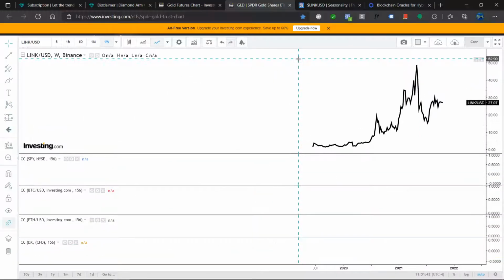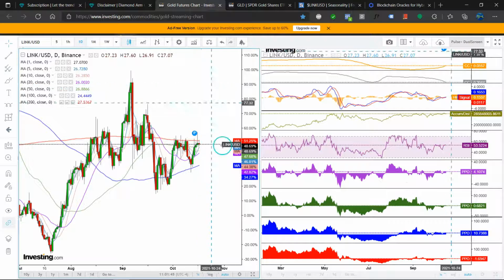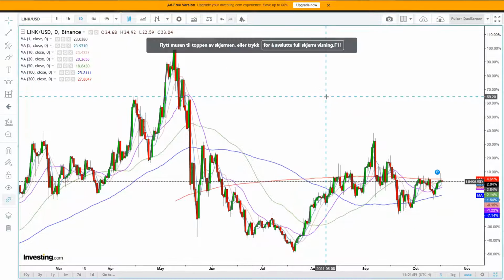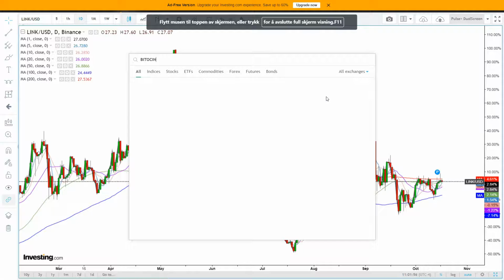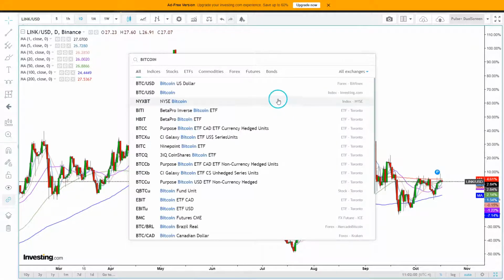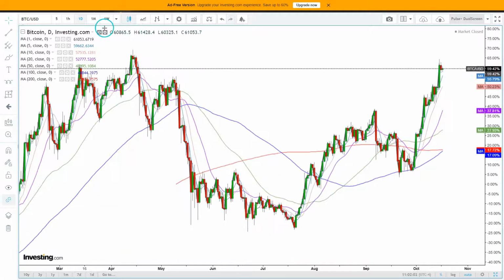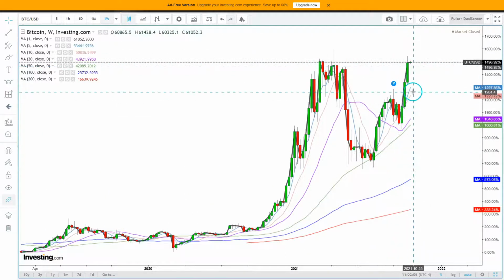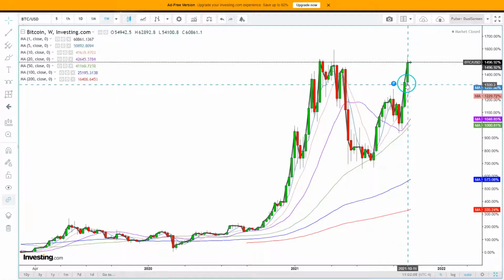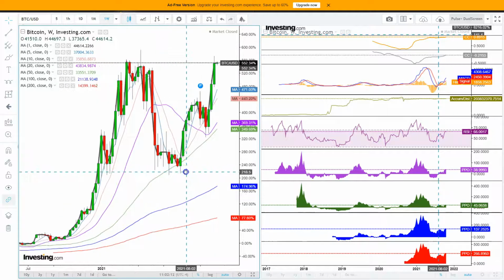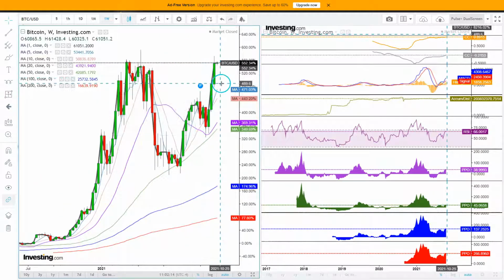Okay, I think we have some time to look at Bitcoin here towards the end. We look at the index, and we did see a strong rally. I really would prefer that this didn't happen because we don't have a good track record with these kinds of rallies.